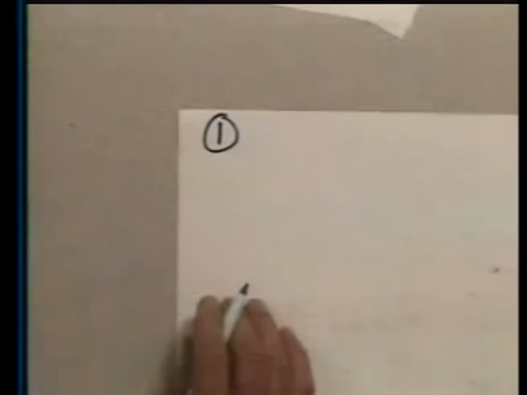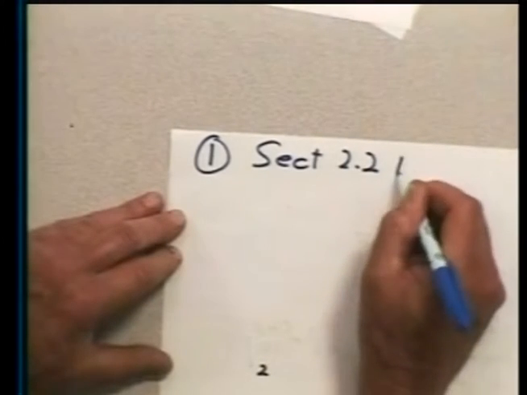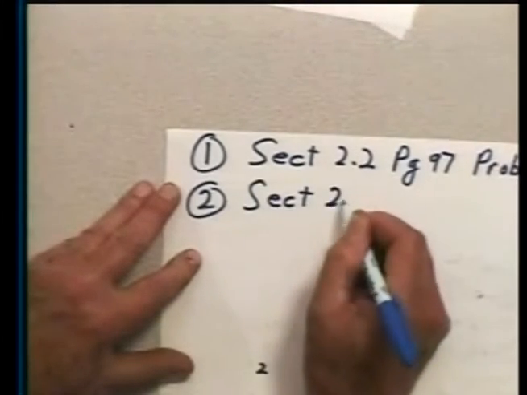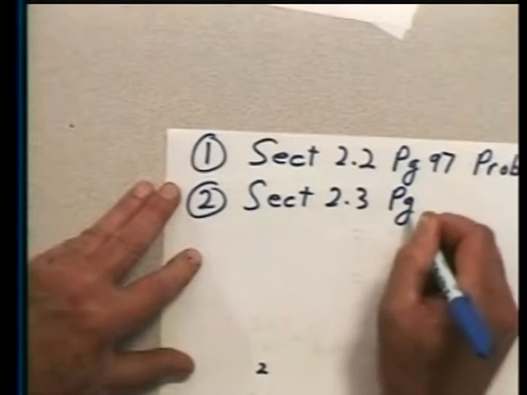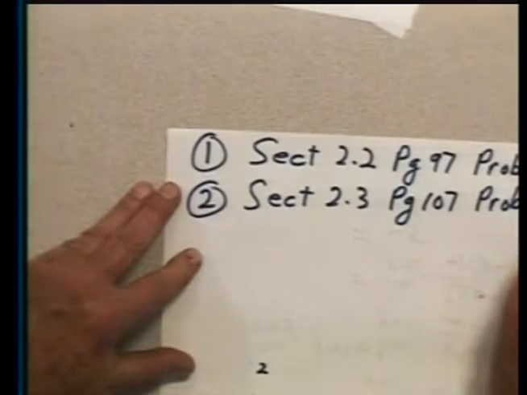Okay, if you are ready, problem number 1 is section 2.2, page 97, problem 21. Number 2 is section 2.3, page 107, problem 15.